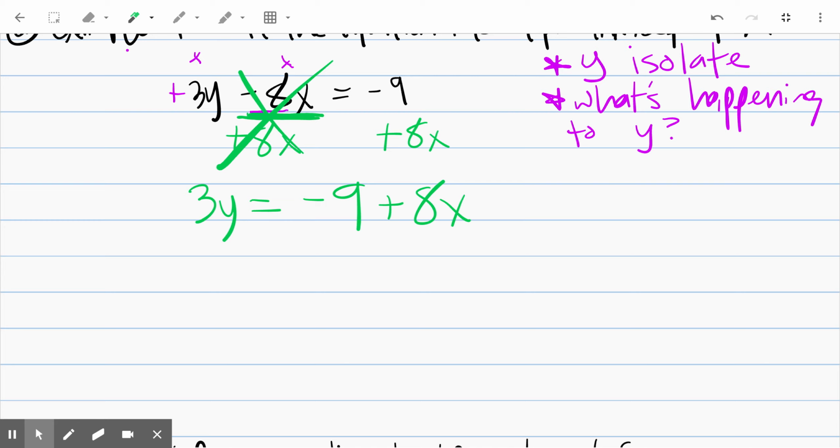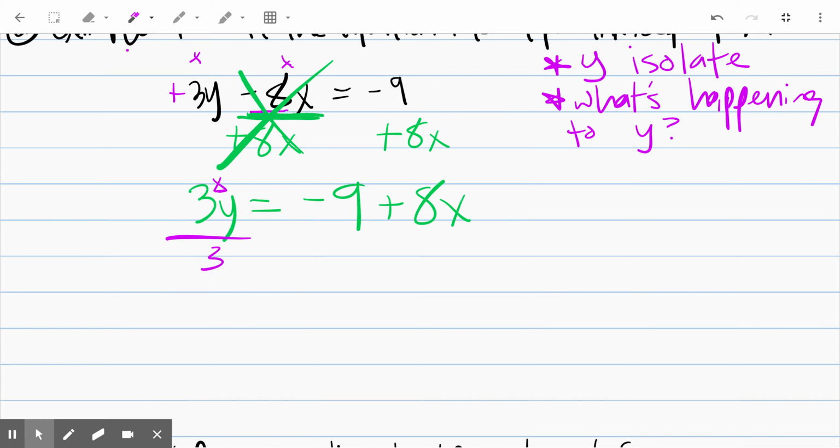Okay, so now we still want to get y by itself, but we have one more thing happening to it. I'm going to switch colors one more time. We still have that multiplication happening. So we have 3 times y equals negative 9 plus 8x. To get rid of that 3, since we want y by itself and it's being multiplied right now, I'm going to do the opposite and divide by 3.